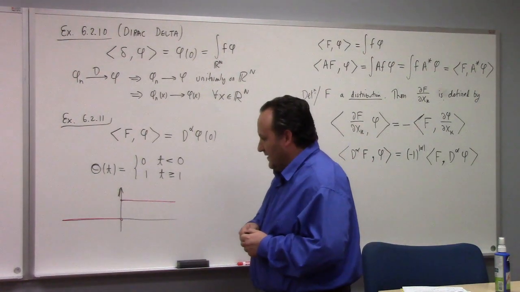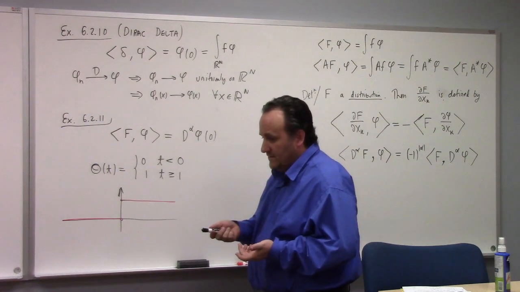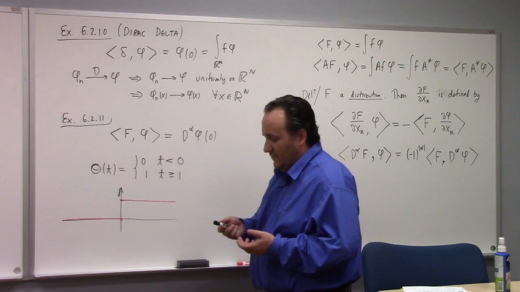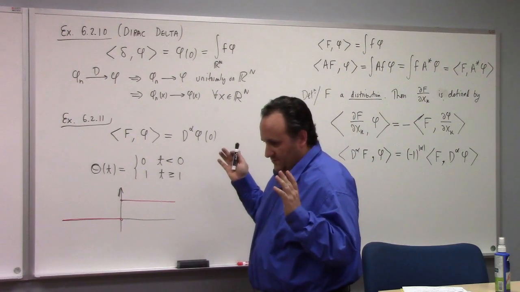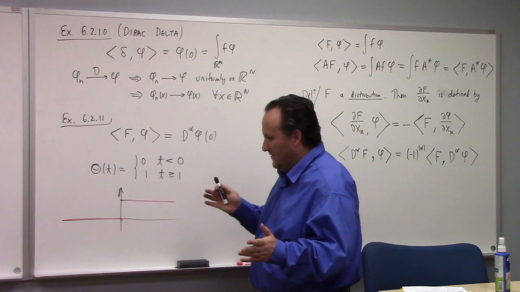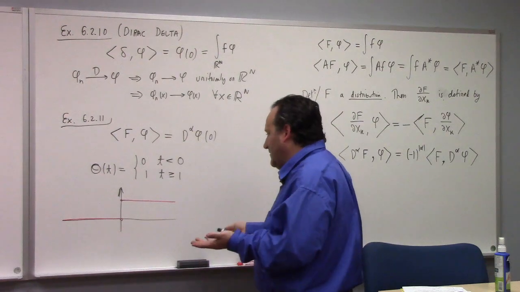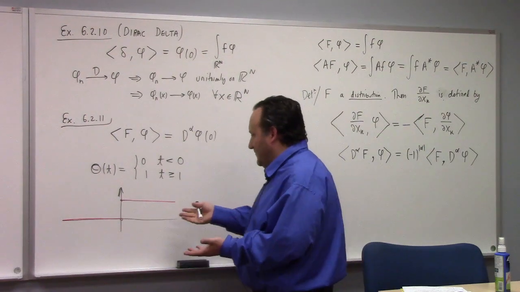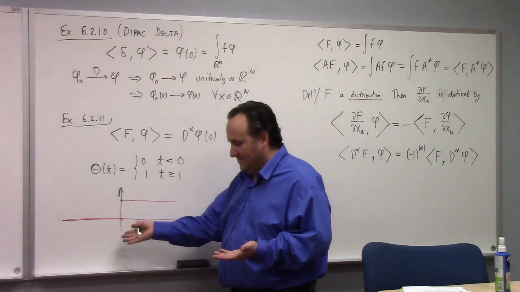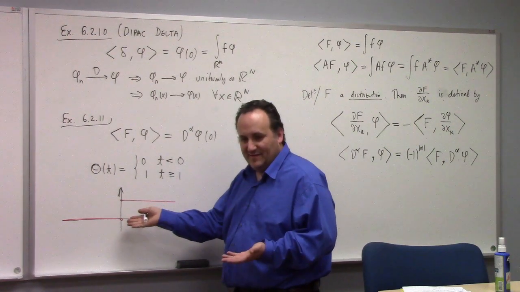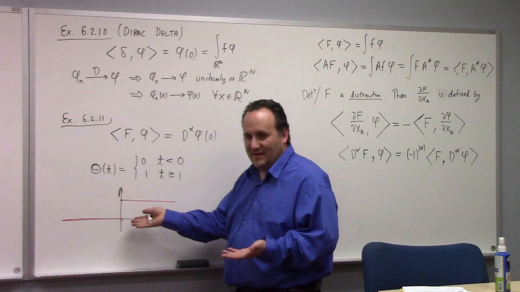And I'm in real analysis, and I have been besieged with rigor, and I'm like, derivative? What are you talking about? You can't differentiate this. It's discontinuous, right? At a minimum, you need continuity to calculate the derivative.